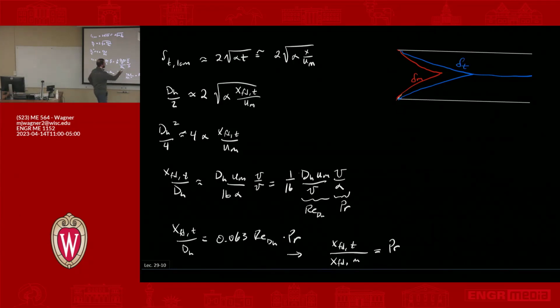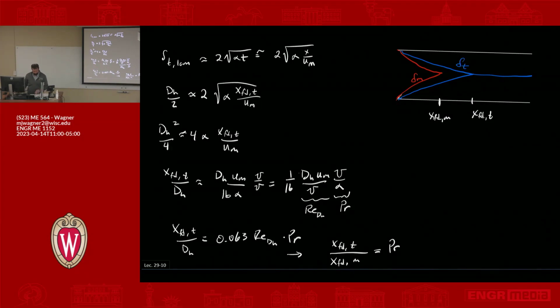So if the growth of delta M is faster than the growth of delta T, that says that effectively nu is greater than alpha. But if it's a faster growth, then that just means that the point at which flow becomes fully developed is sooner, right? So that's the only reason why it's flipped. So here we would just say this is our XFD momentum, or H we've called it. This is XFD T. So you can use this definition, just remember that it's inverted.